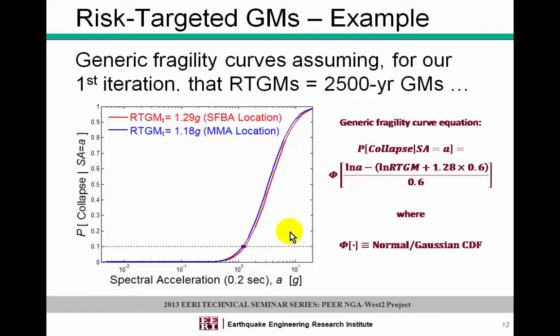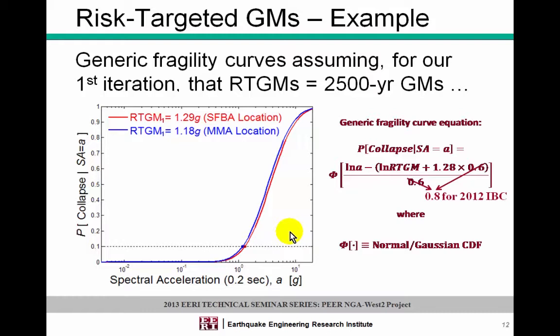One thing I'll note here, because it'll come up again later, and if somebody is looking in the site-specific procedure or one of the new tools that I'll talk about, they'll probably come to notice this: for the 2012 IBC, for the MCER ground motion maps that are in there, we actually used a beta, a slope or standard deviation parameter, of 0.8 instead of 0.6.